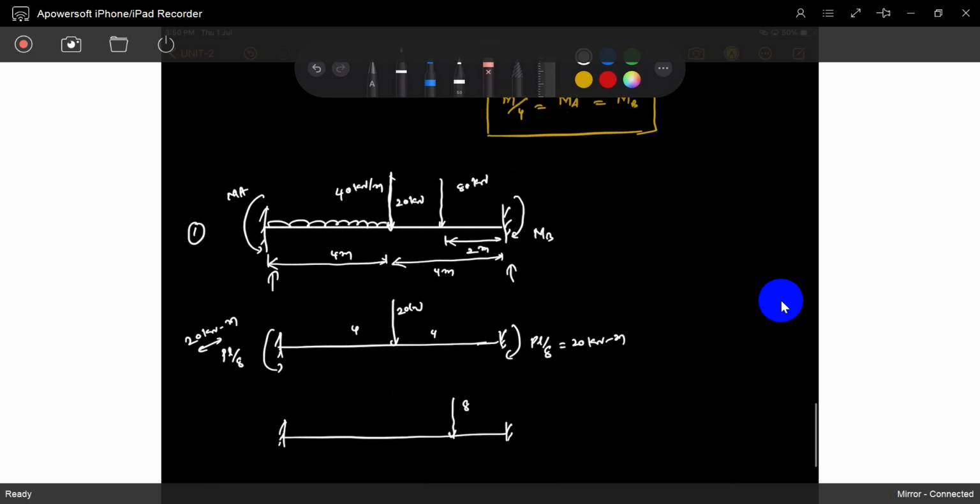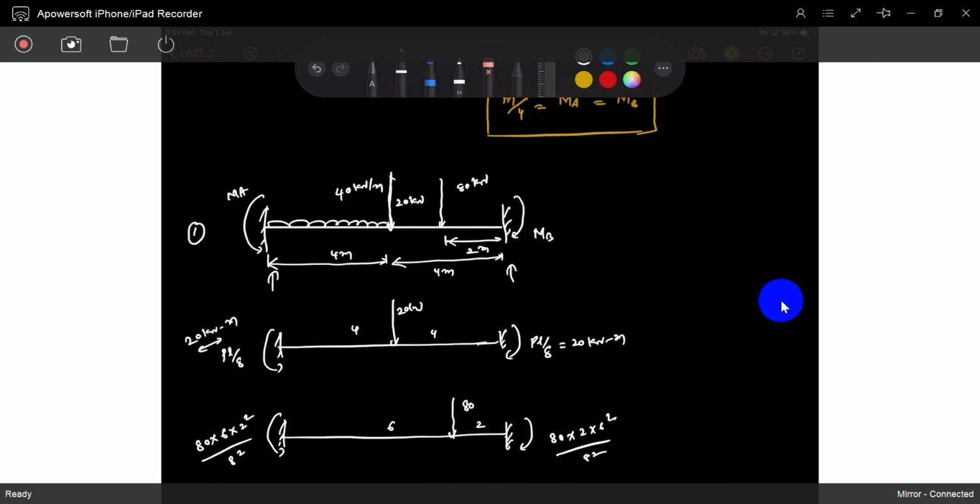Second influence. Take it. This is 80. This is 2. This is 6. Understood? What is the value? So you can write it's 80 into 6 into 2 square by 8 square. Same, 80 into 2 into 6 square by 8 square.